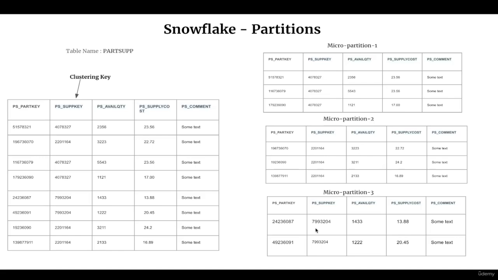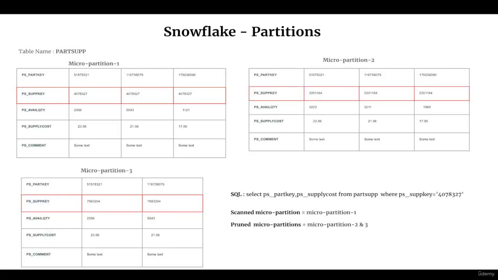Since Snowflake is a columnar storage data warehouse, this is how it will store the data. You have your columns here, and you can see the supply key 4078327 is stored in this micro-partition, and so on.